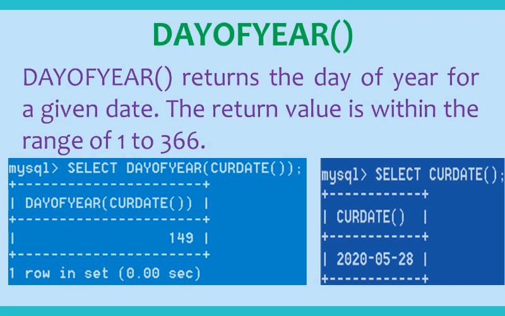Now add all these days, that is 31 plus 29 plus 31 plus 30 plus 28. It gives us 149. It means this function gives us the day of the year, that is 149, means today is the 149th day of the year.